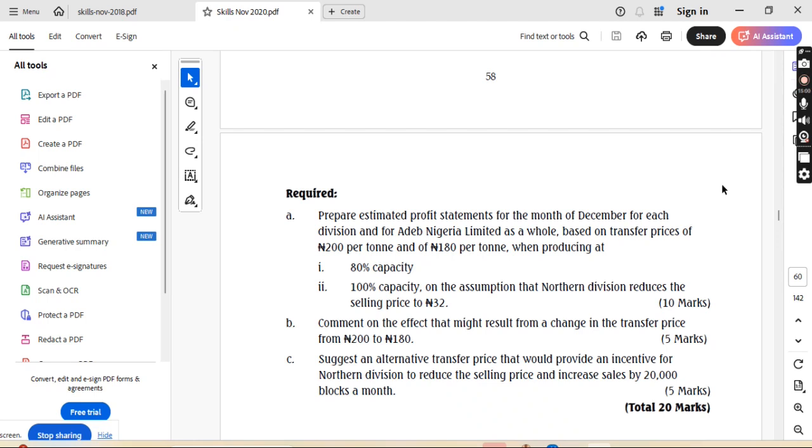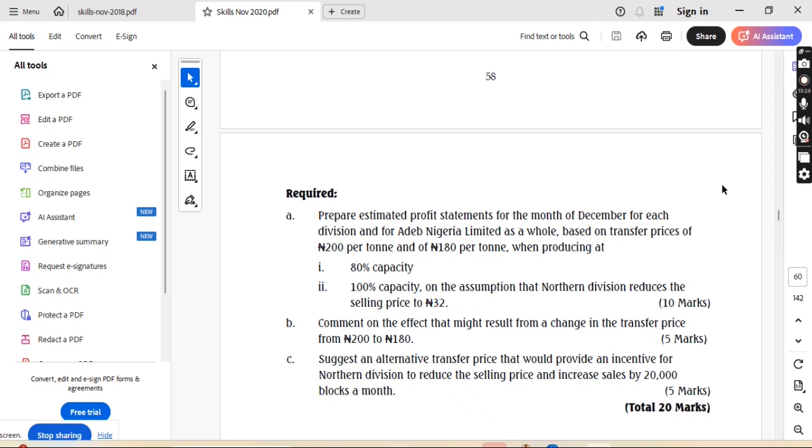Then 100% capacity on the assumption that Northern Division reduces the selling price to 32. Can you see it? To what? To 32, right? Now, we should calculate the transfer price.